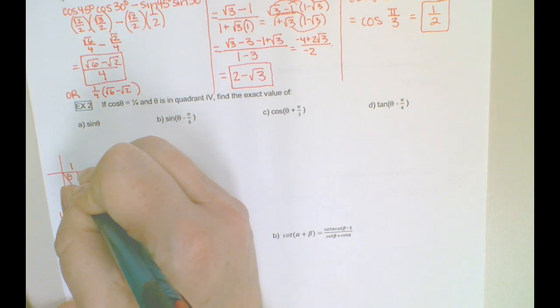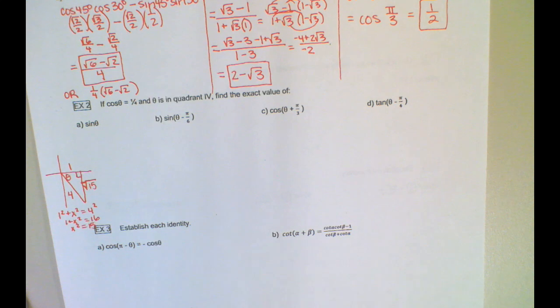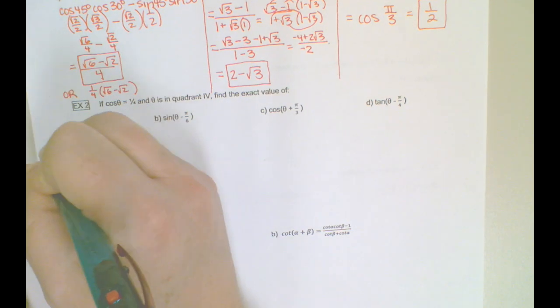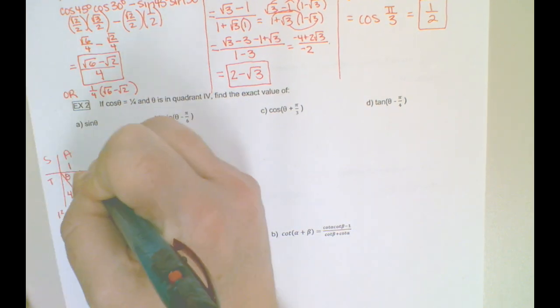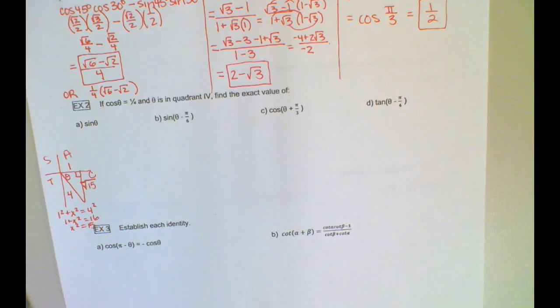I usually label it that way just because we've moved down because it's giving us the coordinate. But you can just do a check at the end, if you prefer, to make sure that your answers line up with the signs that you know you should have, because in quadrant 4, if we think all scholars take calculus, cosine and secant are going to be positive. Everything else should be negative.